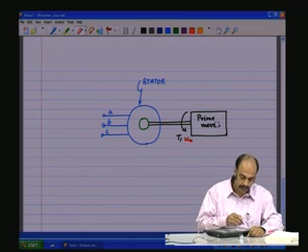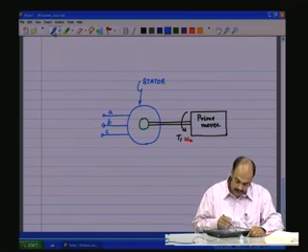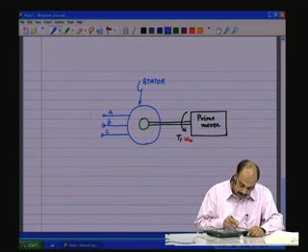Okay, so now we have the prime mover, and this is now connected to, let us say, a star load.